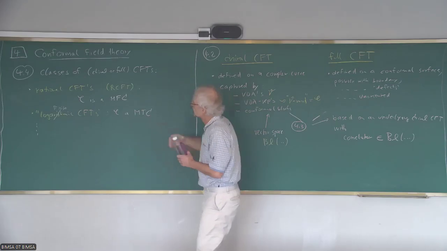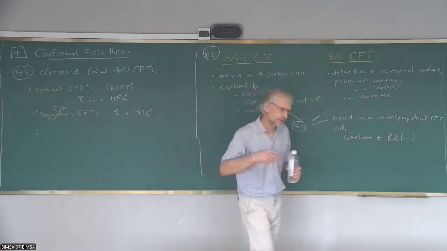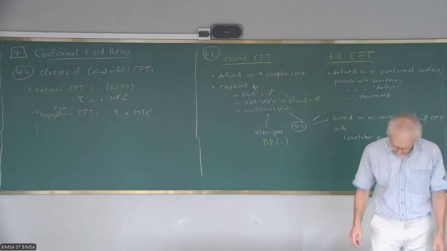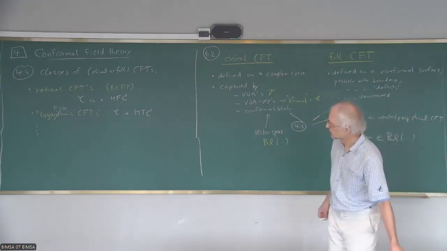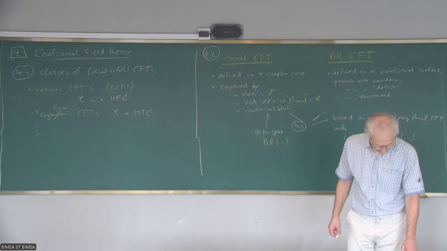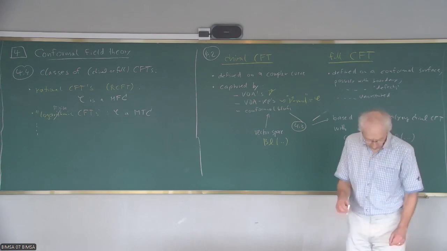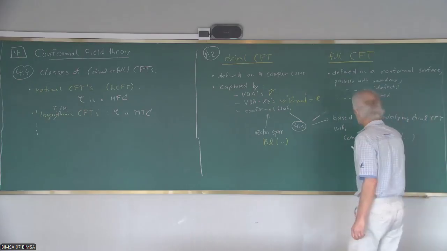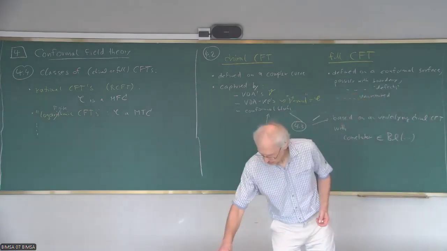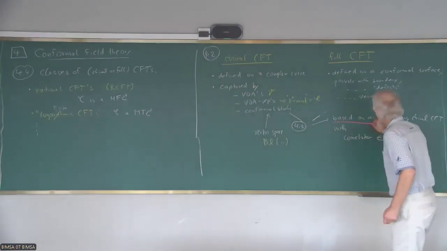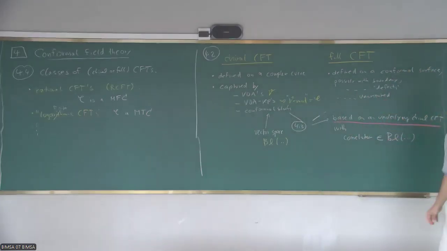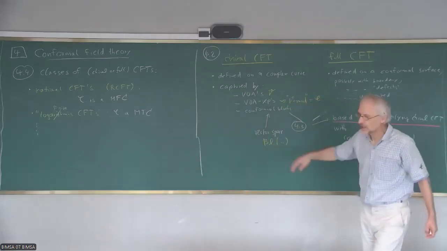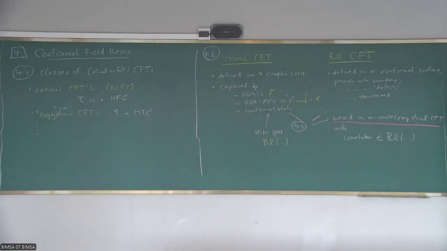I will today mainly talk about rational conformal field theories, but also make statements about other finite conformal field theories. One thing you might have asked is: I described first what I mean by a full conformal field theory, and then just said where I get them from, some underlying chiral conformal field theory.